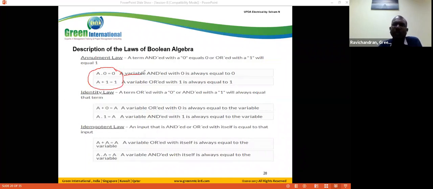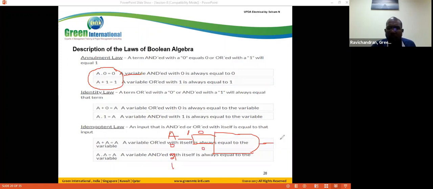So based on these things we can answer the questions. Here A plus A is equal to A. Let's take the AND gate. Here we have a 2-input AND gate. Now we give both inputs the same value, either 0 or 1. If the 2 inputs are 0, the output is 0. If the 2 inputs are 1, the output is 1.